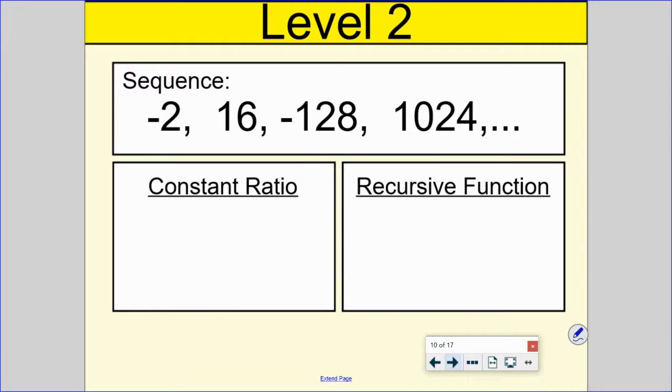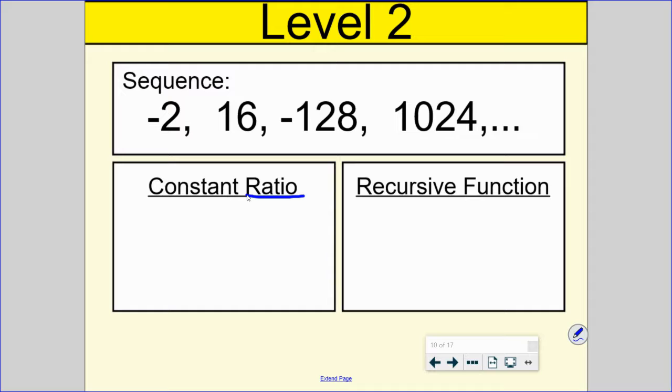All right, maybe pause the video for a second and see if you can figure this one out. All right, hopefully you've had time to do it. This one's a little bit different because we can see our numbers are going negative, positive, negative. We're going to follow this the same way. We are looking for a constant ratio, so this is a geometric sequence.